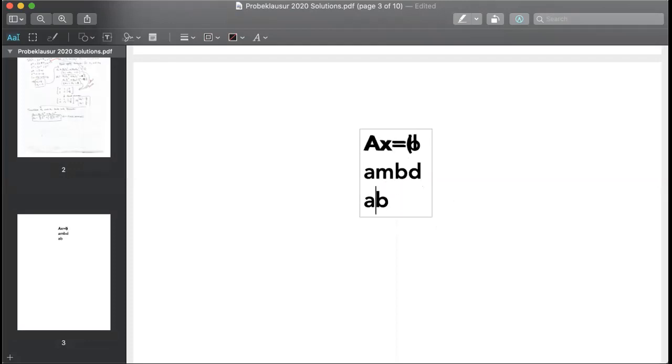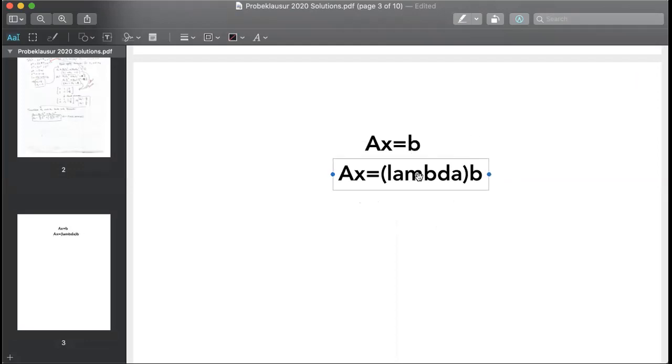I don't have a lambda on my keyboard, so there you go, sorry. Lambda would be your eigenvalue, which is the scaling factor of your eigenvector x. All right, and that's it for now.